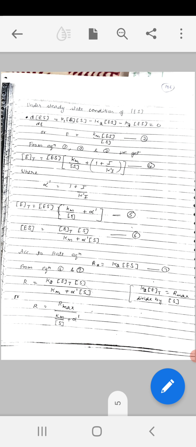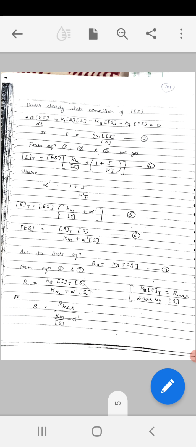According to the rate equation, rate is equal to K2 into ES. This is equation number 7. From equations 7 and 6, R is equal to K2 Et S concentration upon Km plus alpha dash S concentration. K2 into Et is equal to R maximum.